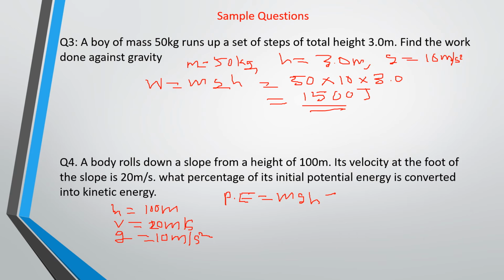So we can put that into this equation to give that potential energy is equal to m multiplied by g multiplied by h. h is equal to 100 meters. So this will give us what?